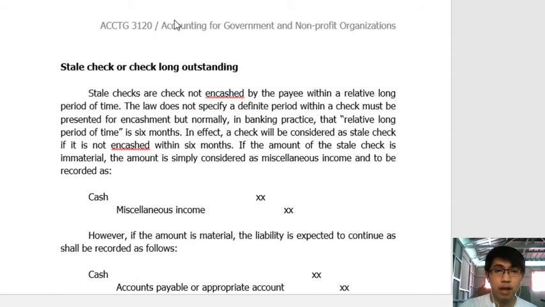In accounting practice, if the amount of the stale check is immaterial, we just simply restore by debiting cash and then crediting miscellaneous income. Ang ibig sabihin nito, kapag immaterial ang amount ng cheque, hindi mo na yan dapat palitan because the fault lies on the payee dahil hindi niya in-encash or dineposit yung cheque niya.